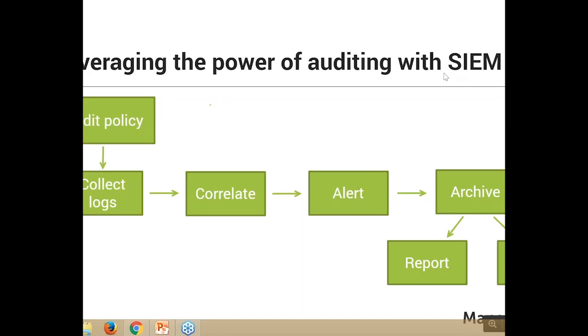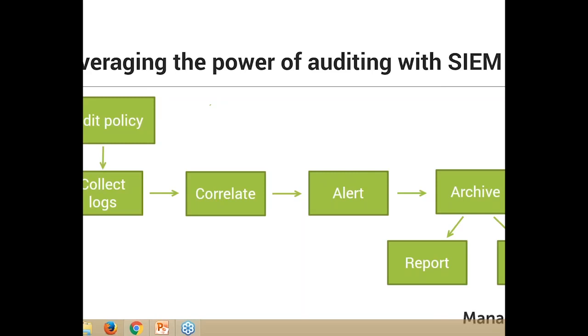So let's look at what exactly that entails. A SIEM tool is essentially going to use log data from different devices, collect these logs, and help you answer these many questions. This involves first setting up an audit policy on the particular system. If you're looking at a Windows server, you would configure the local or group policy on the machine so that it starts generating logs for the events of concern.